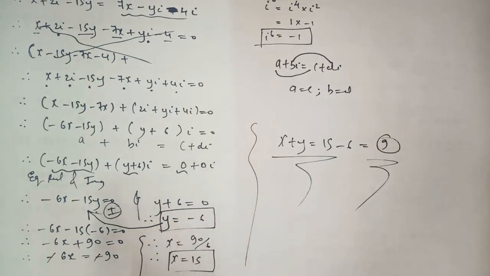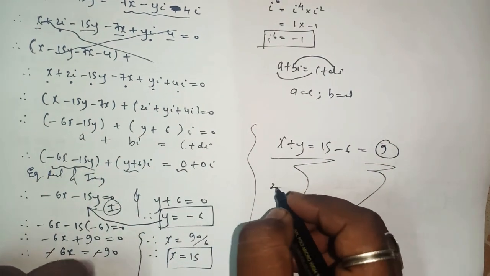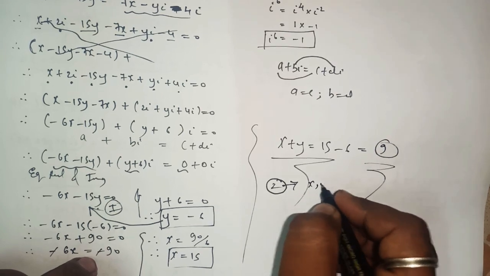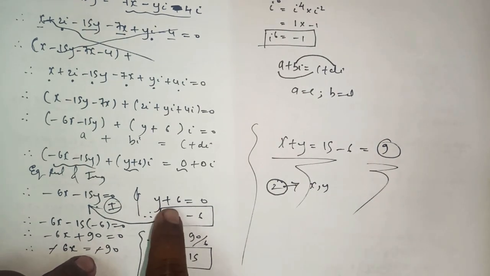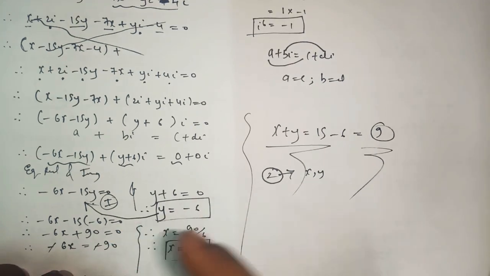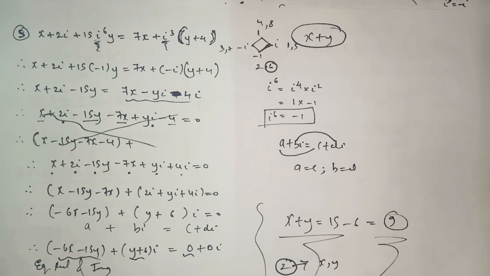Sometimes you will get linear equations in 2 variables, sometimes you will get a linear equation in 1 variable. So whenever you are getting 2 linear equations with 2 different variables, you will solve those 2 equations simultaneously to get the answer of x and y. Whenever you are getting only a linear equation in 1 variable, so one side alphabet, one side number, you get the answer of that particular alphabet. So in this way you can find your answer of x and y.